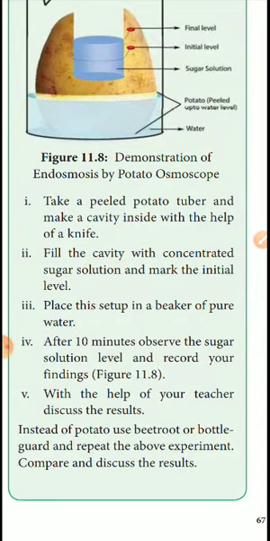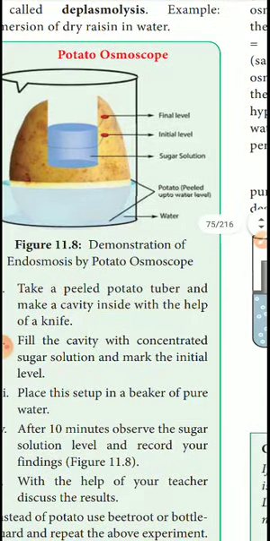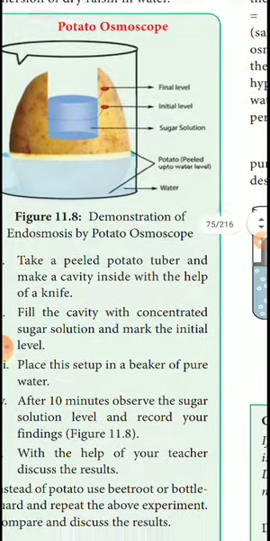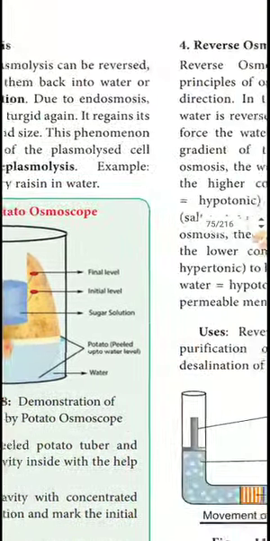We take a beaker, peel the potato, cut it in this shape, first add the sugar solution into it and mark that. After a few minutes, the level will increase. Why is it happening? Because of osmosis.